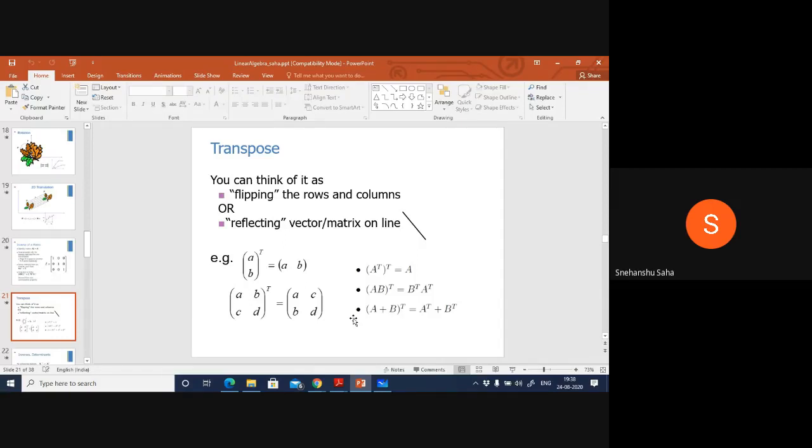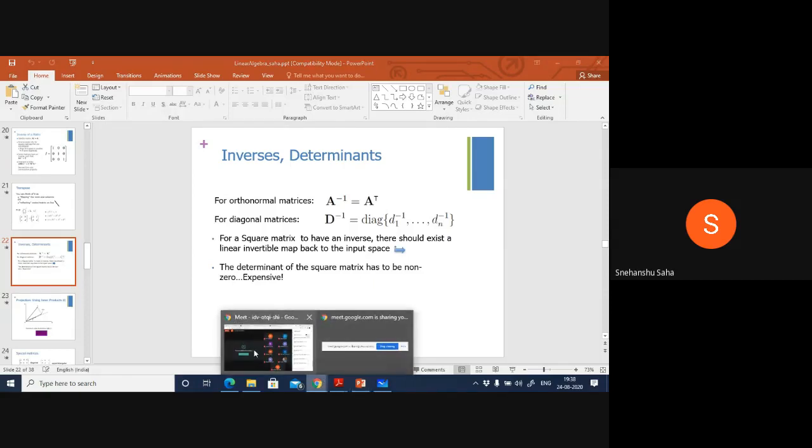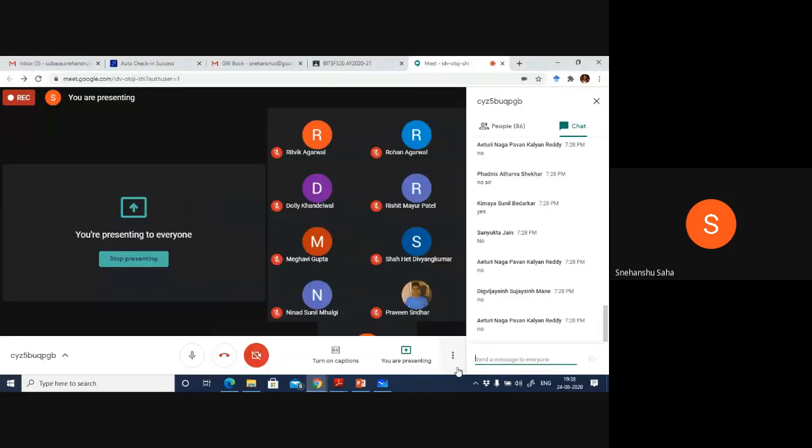There is another nice algebraic property of transposes, which unfortunately does not apply to inverses: the transpose of A plus B is A transpose plus B transpose. You cannot say the same about inverses. Now, I don't know whether you are familiar with this, and some of you might be. Why do we care about transposes?